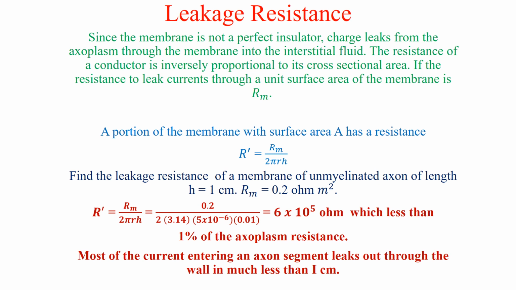Since this resistance is very small in comparison with the resistance of the axoplasm, most of the current entering an axon segment leaks out through the membrane in much less than 1 centimeter.